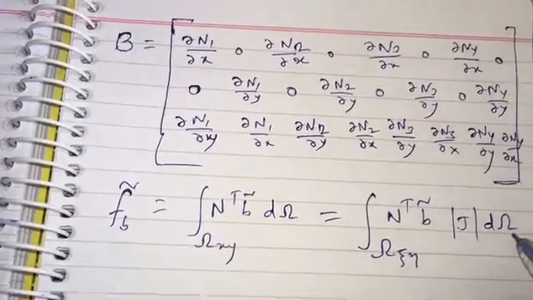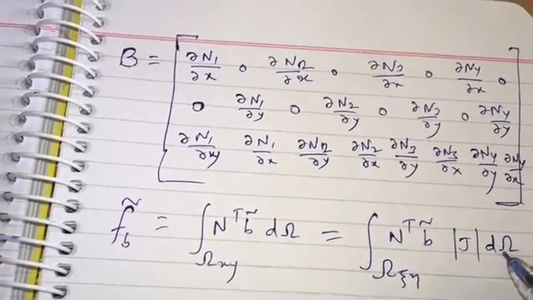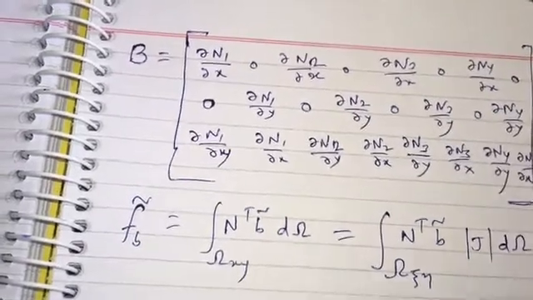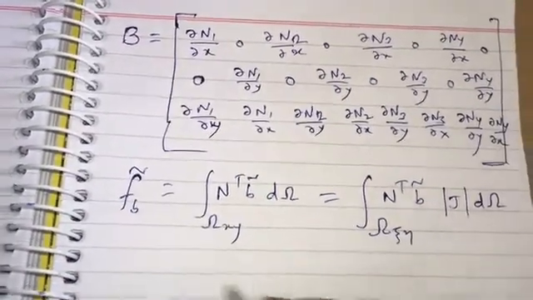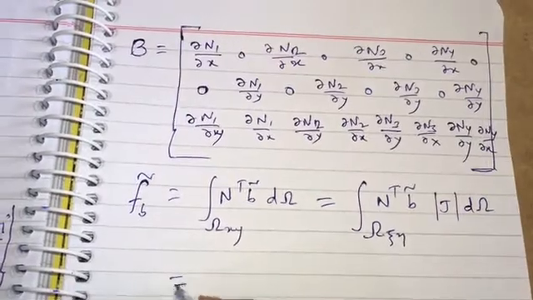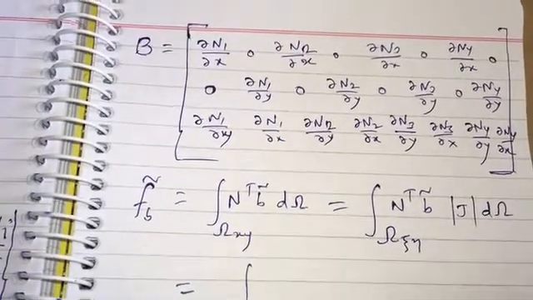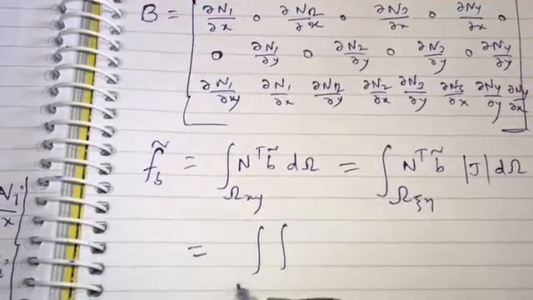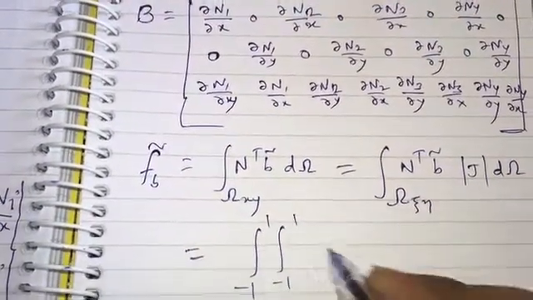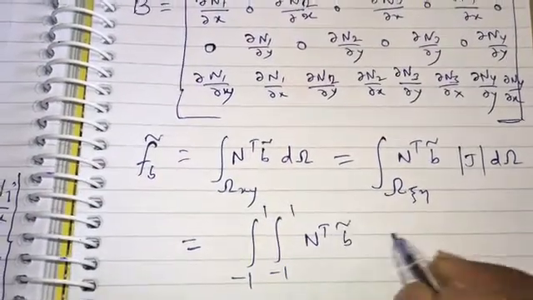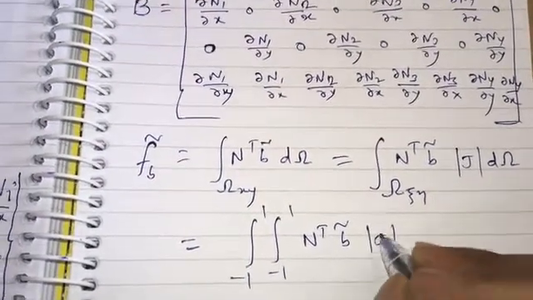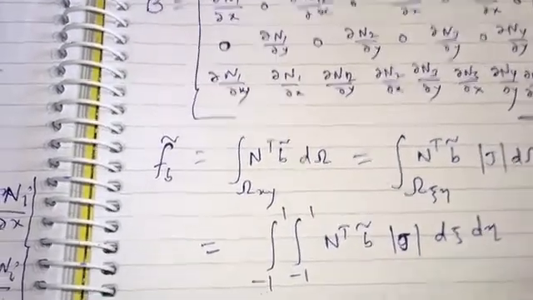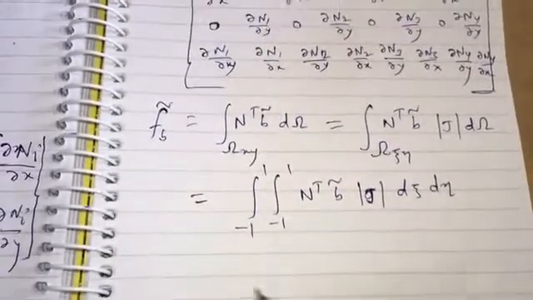This d omega is basically the new area, or we can also write it as the integral from minus 1 to 1, minus 1 to 1, of N transpose b times j, d xi d eta. Okay. So you can write it like this one.